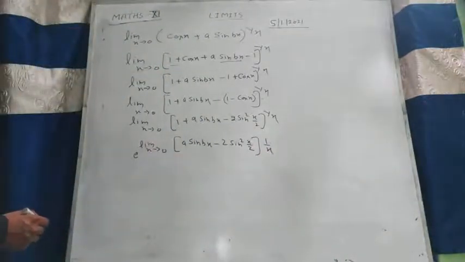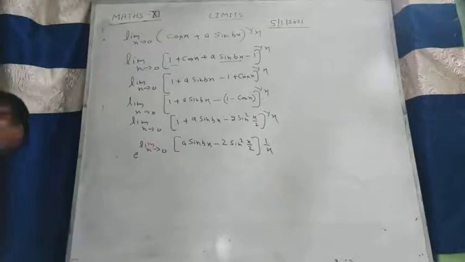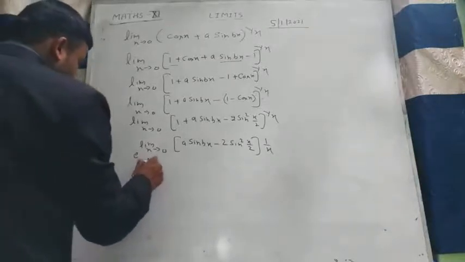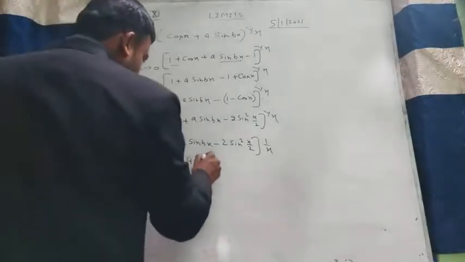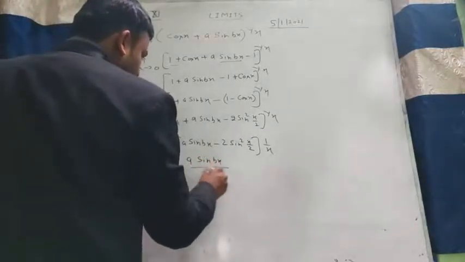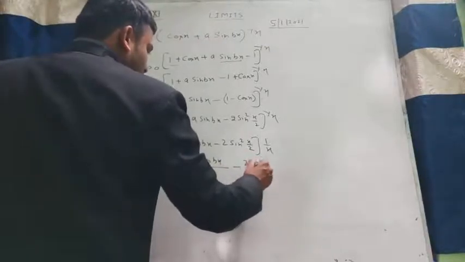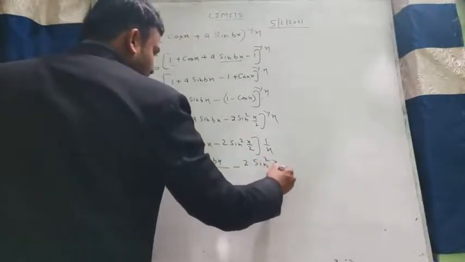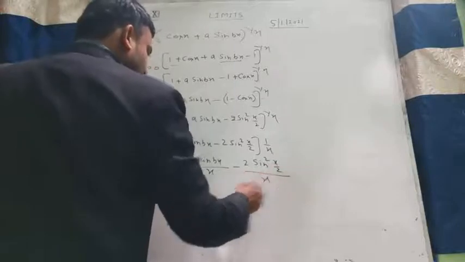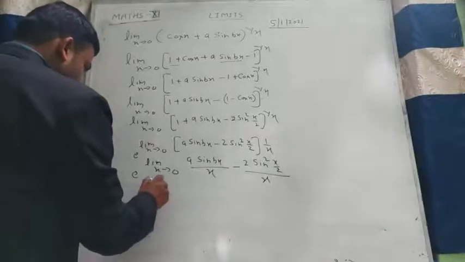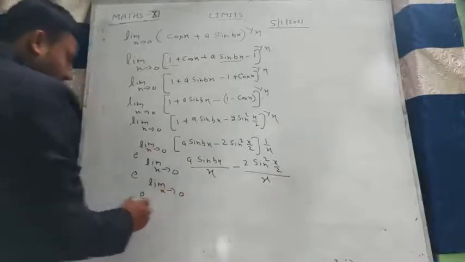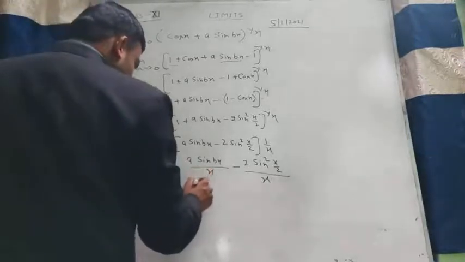Okay student, now we will write limit x tends to 0 of a sin bx by x minus 2 sin square x by 2 by x. Okay student, now e to the power limit x tends to 0, we multiply and divide with b.